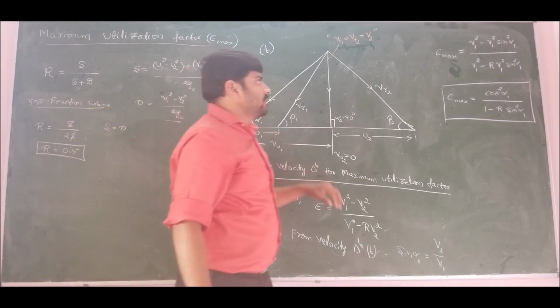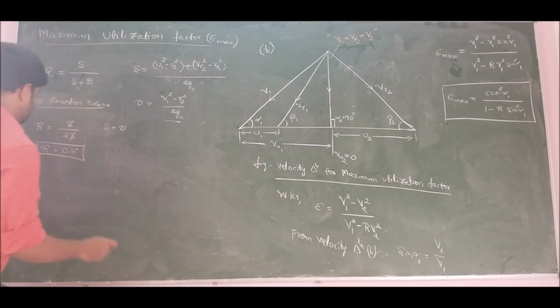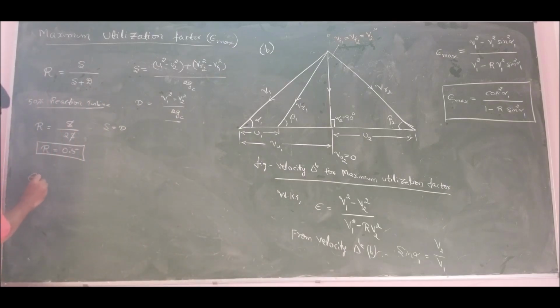Now for a 50% degree of reaction turbine, the maximum utilization will become epsilon max equal to cos square alpha 1 divided by 1 minus 1 by 2 sin square alpha 1.